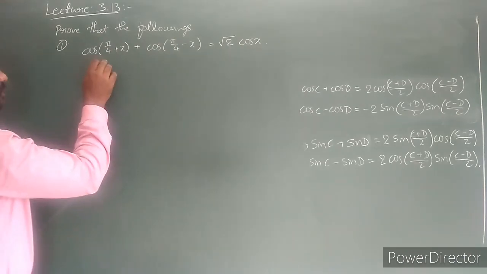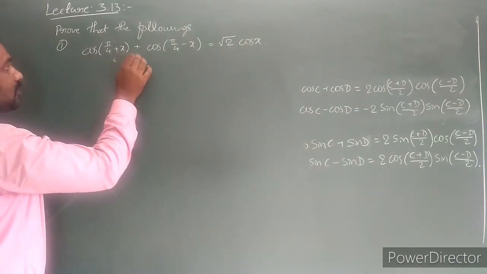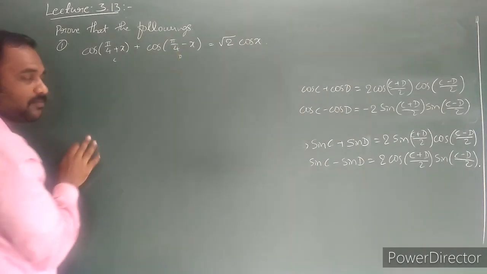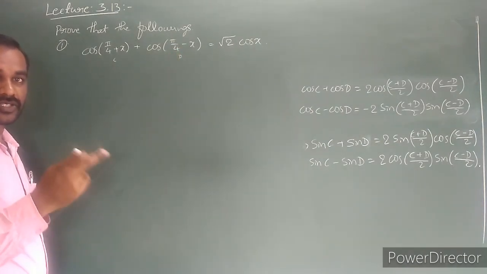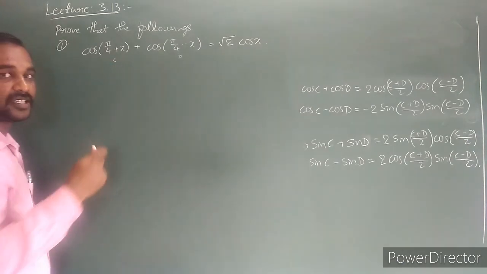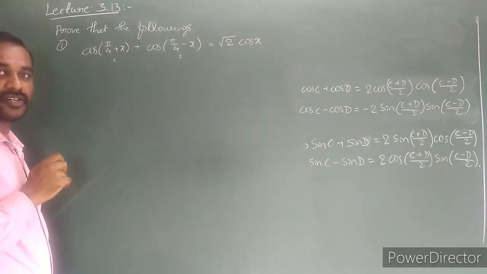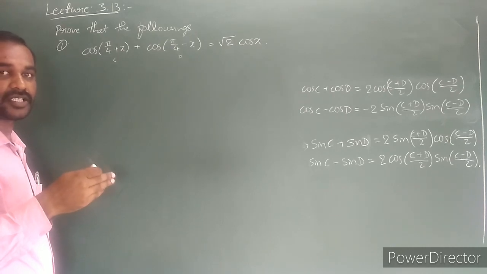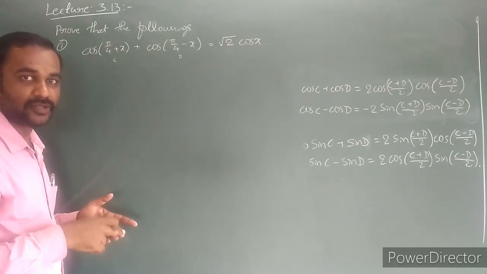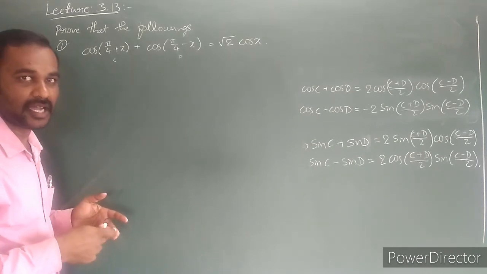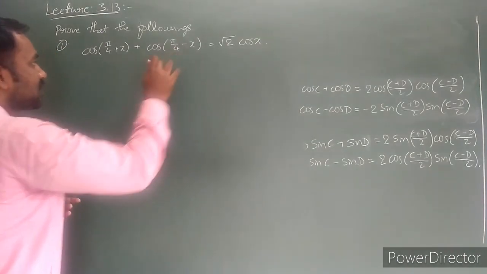Check it. Cos C plus cos D. What is cos C plus cos D? Cos is there, the middle plus sign is there, which means the right hand side is also cos. Cos C plus cos D is equal to 2 cos of (C plus D) by 2 into cos of (C minus D) by 2. So I just write the formula.